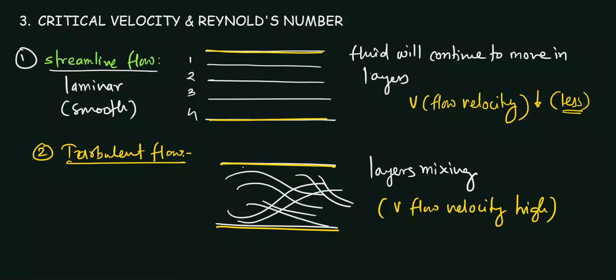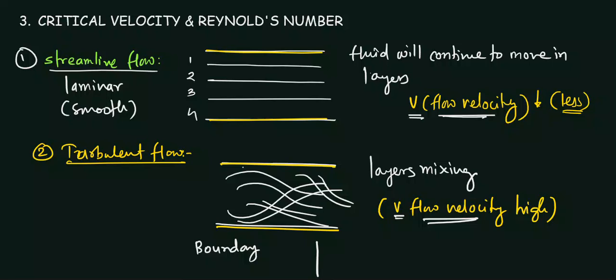So these types of flow, whether streamline or turbulent, majorly depend on the flow velocity.